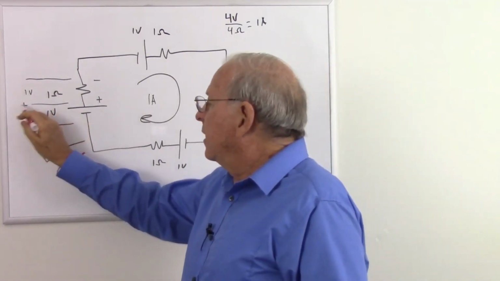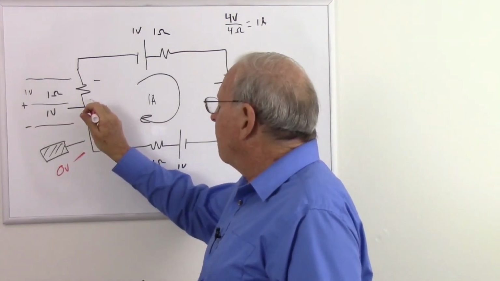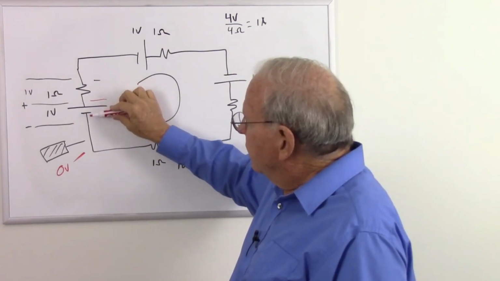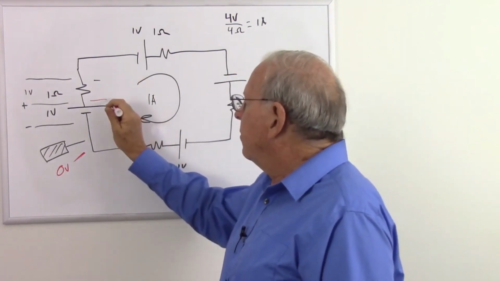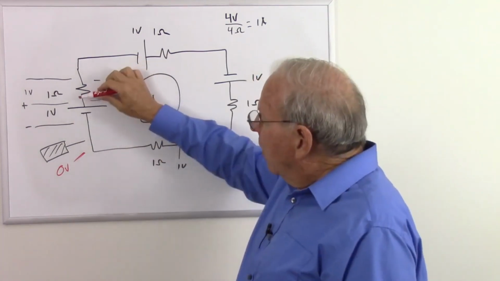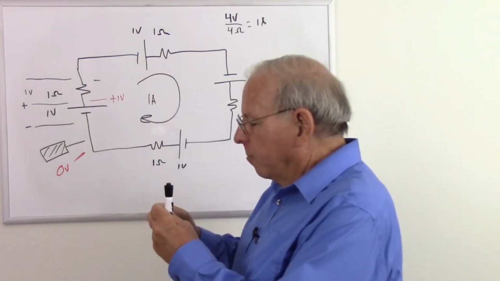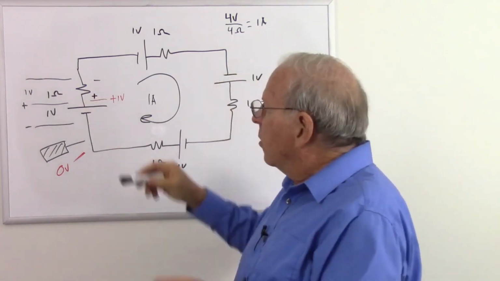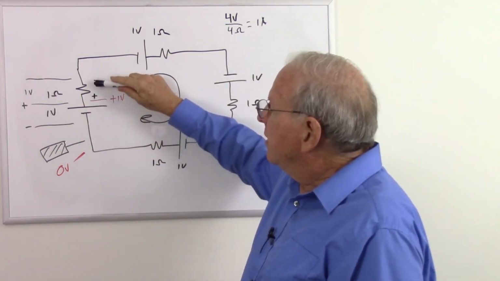Now let's put the red lead right there. So I've gone up 1 volt, negative to positive. I've increased by 1 volt, so I get positive 1 volt. Easy peasy. Now let's put our little positive sign back here. I had to get it out of the way, but I just moved it. Now we're going to go further, positive to negative.